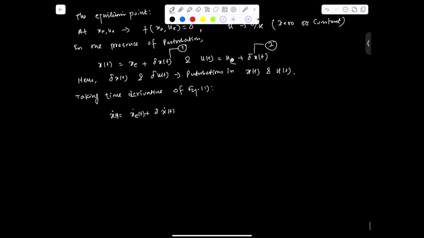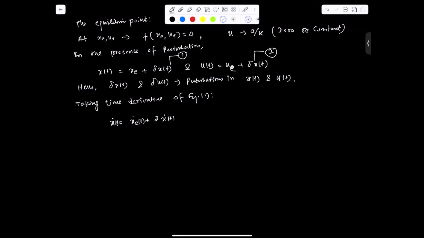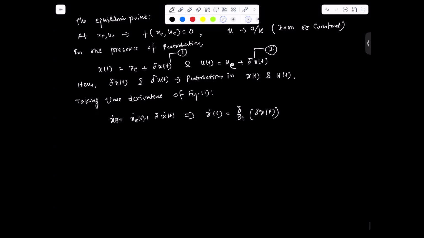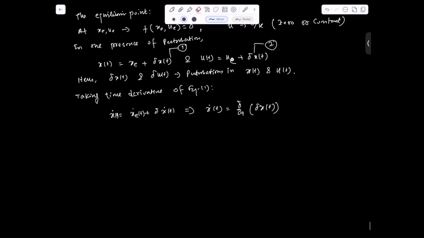And since the equilibrium point is assumed to be a constant value, we can write x dot of t equal to delta x dot of t.